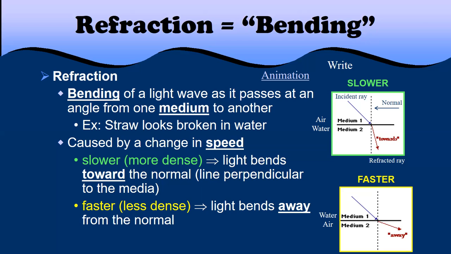So if it goes from air to water, it slows down. Now if we reverse that and light is going from water to air, it speeds up, right? So when it goes to a less dense object, it's faster. And the object still looks bent, though.